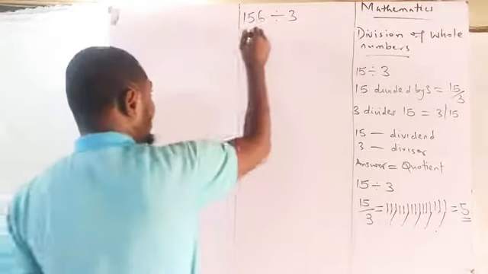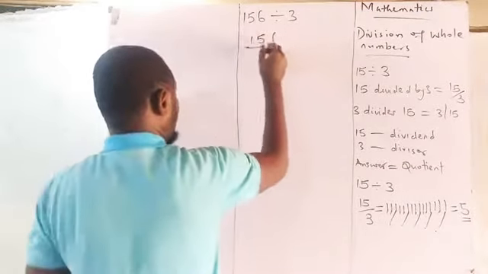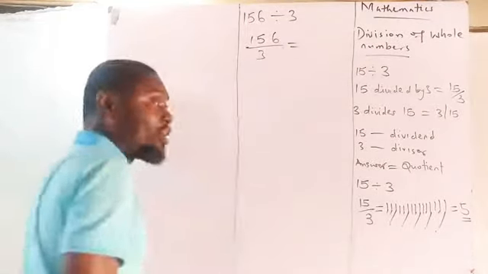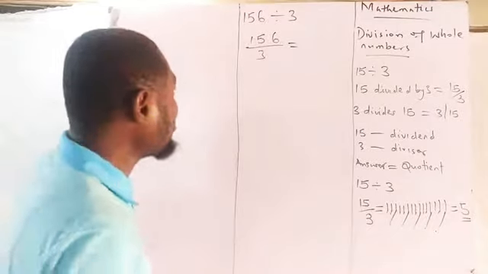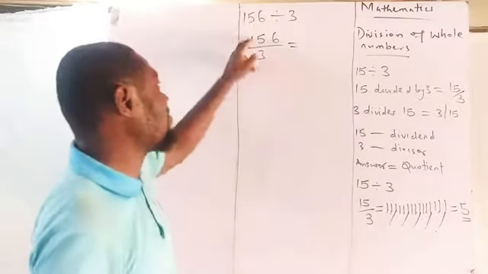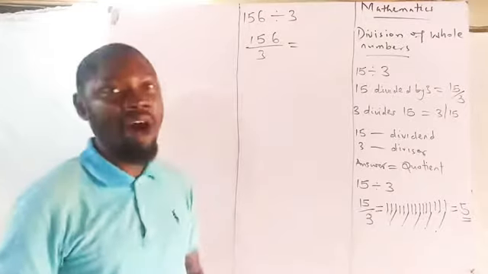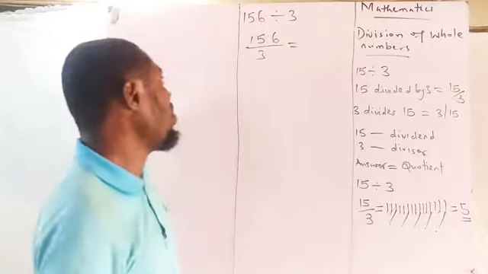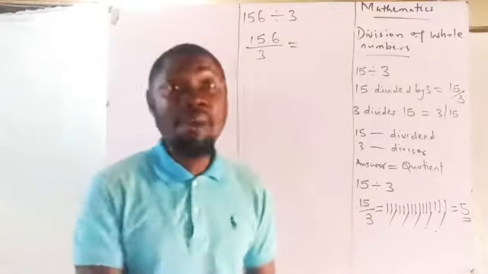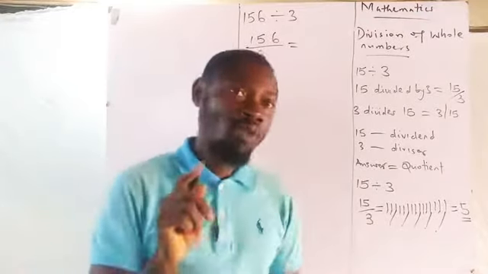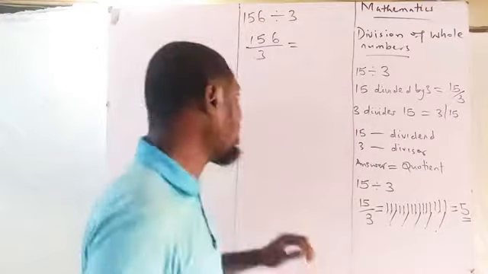If you want to count sticks, 156 sticks to find out the number of 3s in 156, you keep on counting sticks and you'll be tired. So the way to go about this is this method.